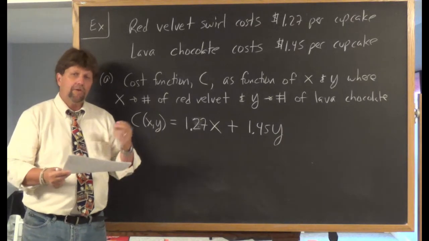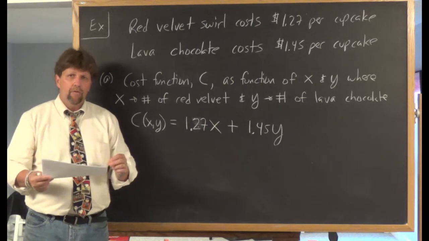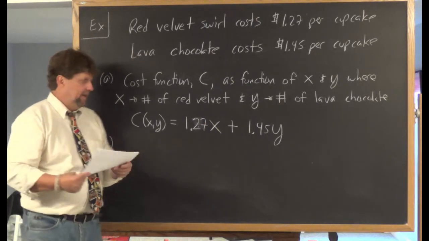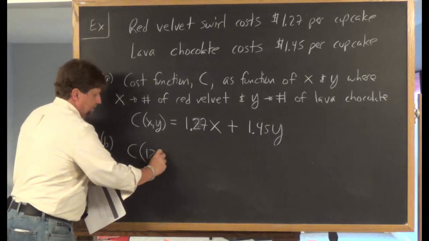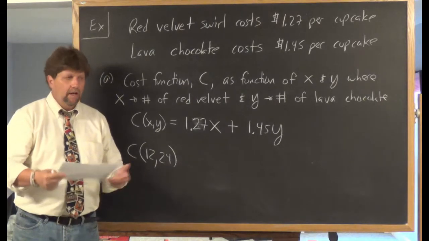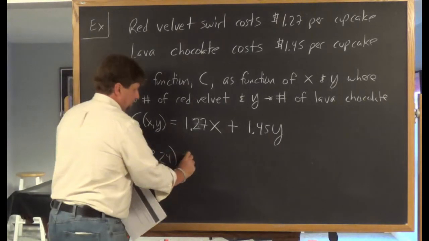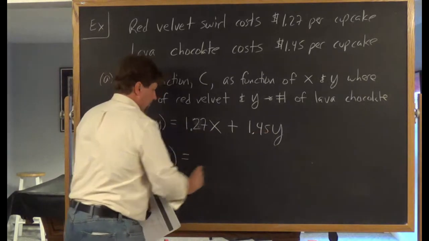That's the same thing as saying evaluate the cost function at (12, 24). And quite simply, just as we've seen so far, we put 12 in for x and 24 in for y.